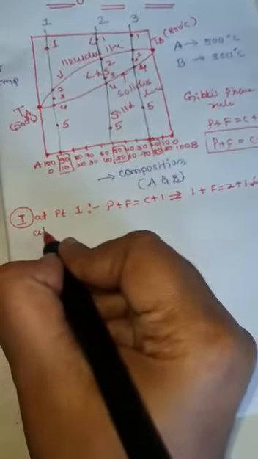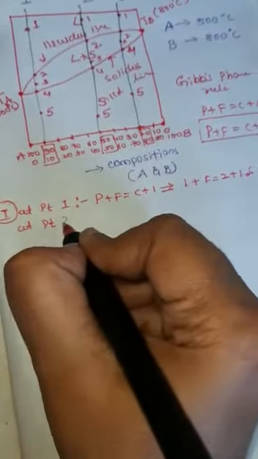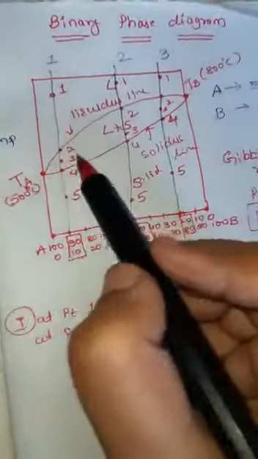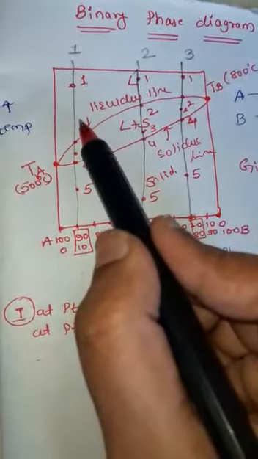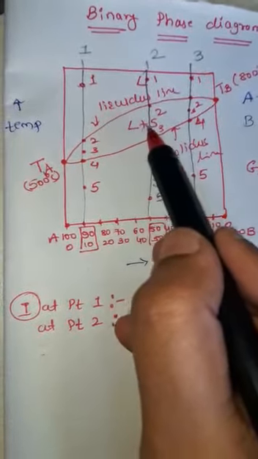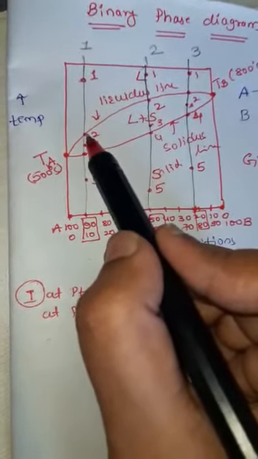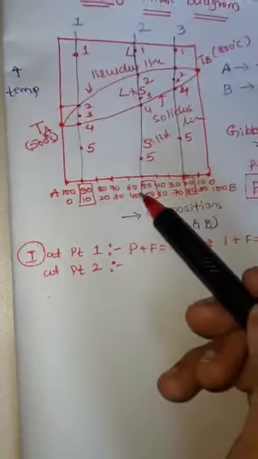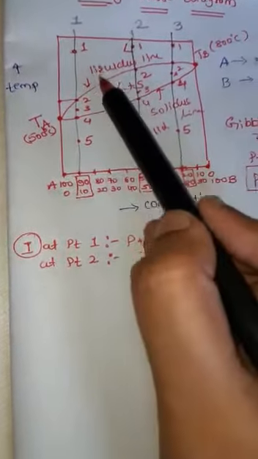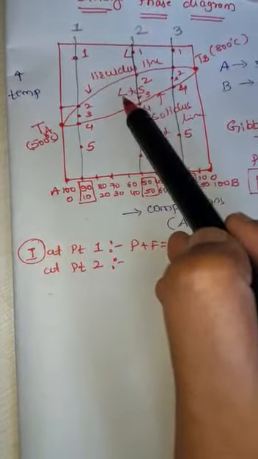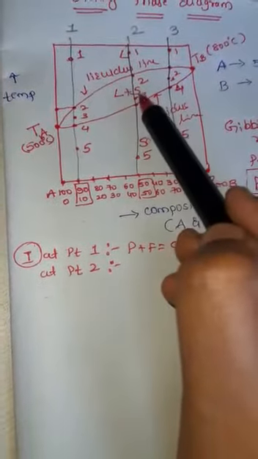Similarly, at point 2, you can observe the point is common for liquid and for liquid plus solid. Exactly at this temperature, what is the number of phases? Here liquid is there, so one is the liquid phase, plus solid.